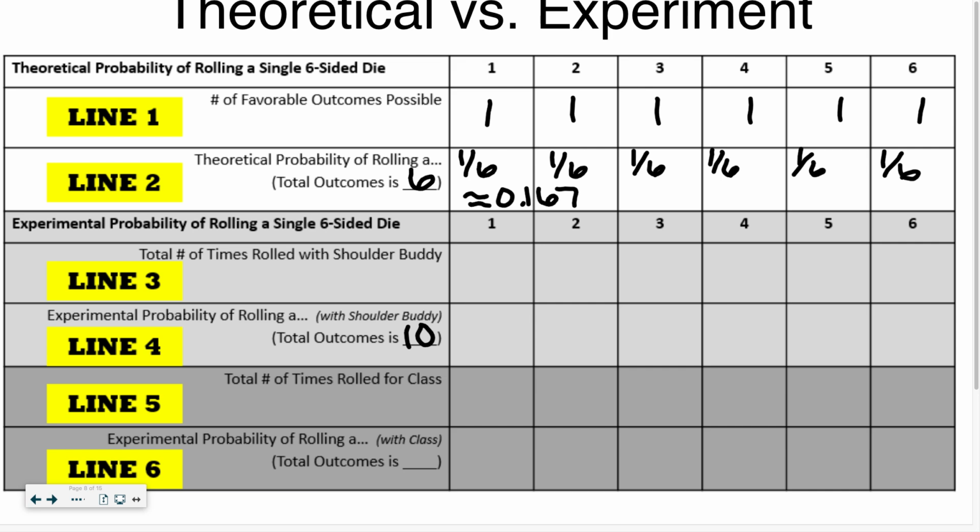So it's 2, 2, 1, 2, 0. You got all 10 rolls? You guys got all 10? You got all your rolls? Thank you. Okay, you should be calculating your probabilities in line 4.